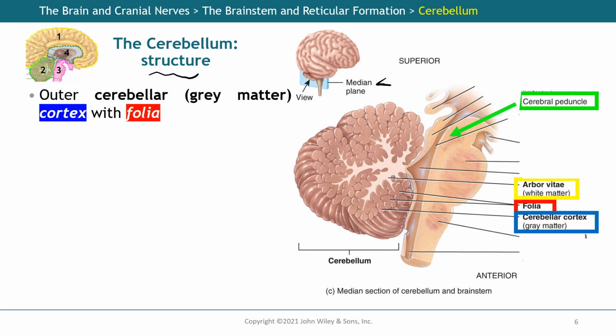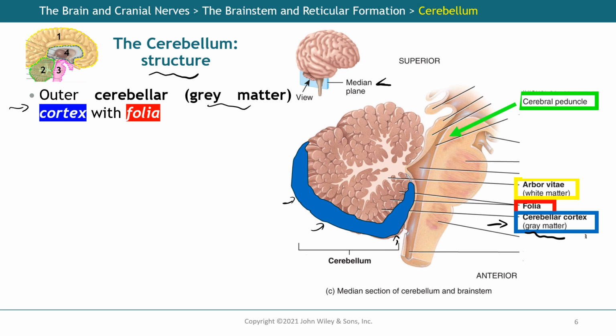Key information that I wanted to tell you is that if you look at the outer region of the cerebellum, you are going to find gray matter. So here it will be gray matter, gray matter, gray matter. This is opposite to what we have in the spinal cord and in the brainstem. So here you will find gray matter, and they want you to know that from your textbook.